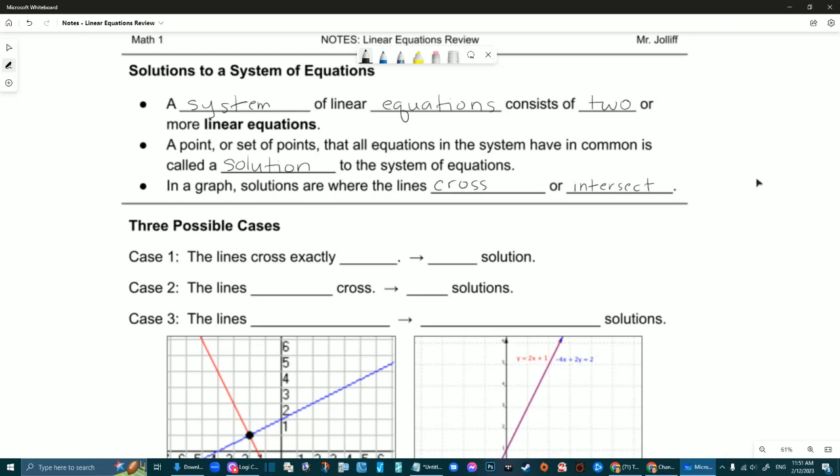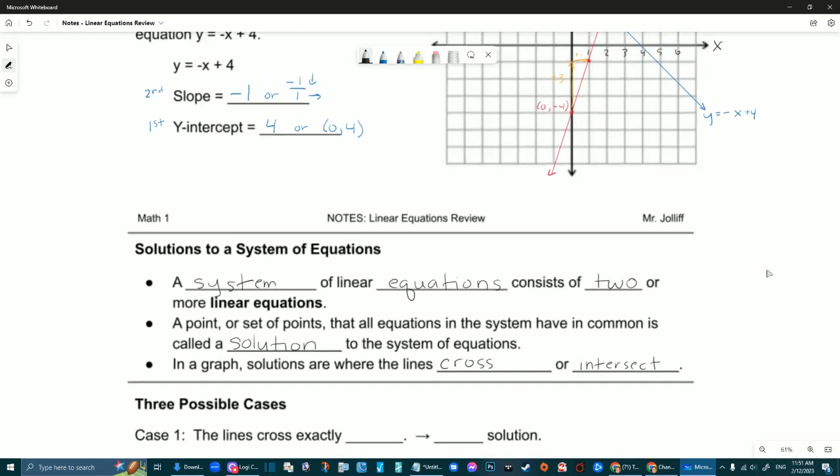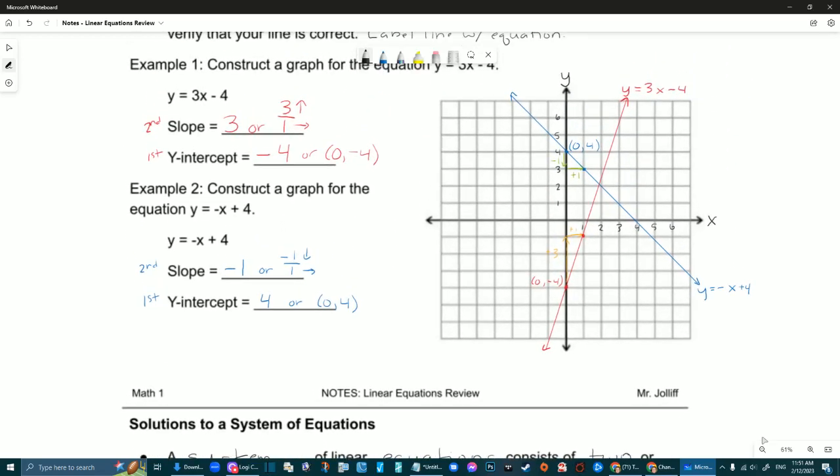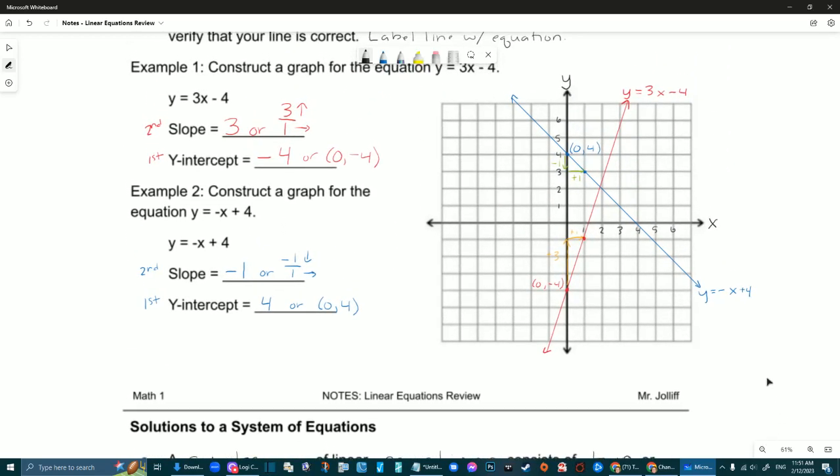Before we move on to our three possible cases, let's go back to that system we graphed in our last video and identify that solution. Looking at this system from our last example, it looks like if I were able to draw those lines accurately, they would intersect right here. That's where those points are crossing.